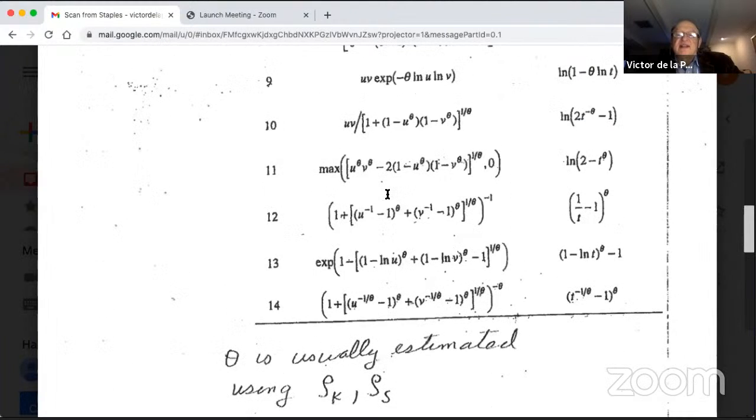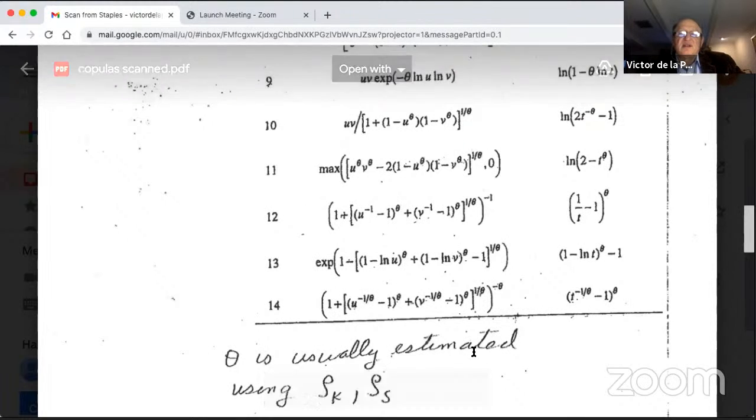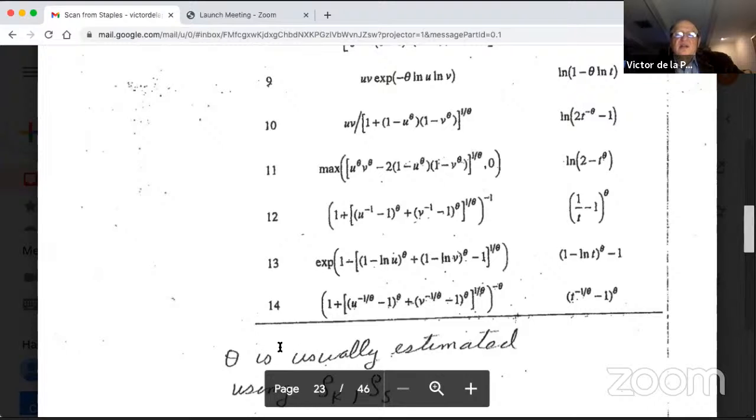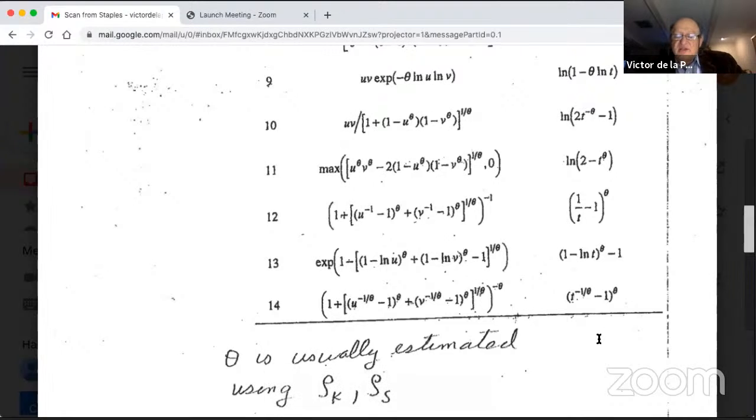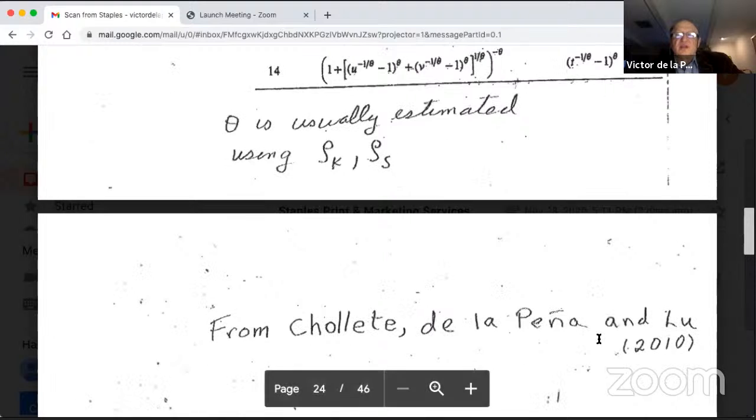Now, theta is usually estimated by using Spearman's rho and Kendall's tau, okay?